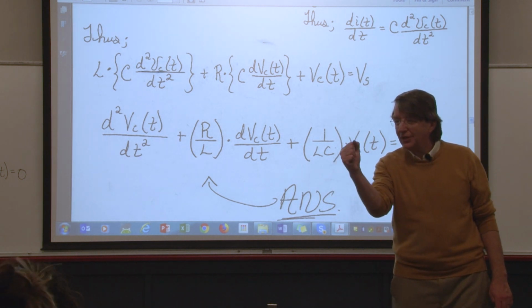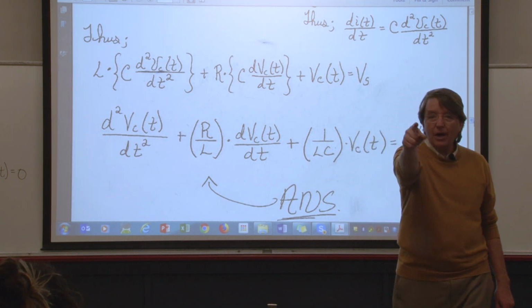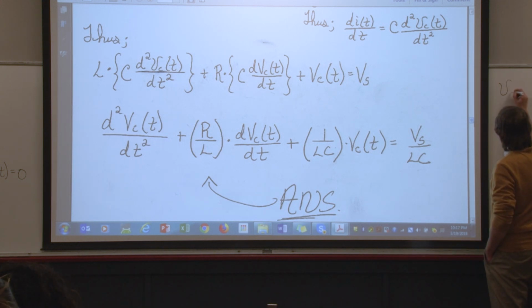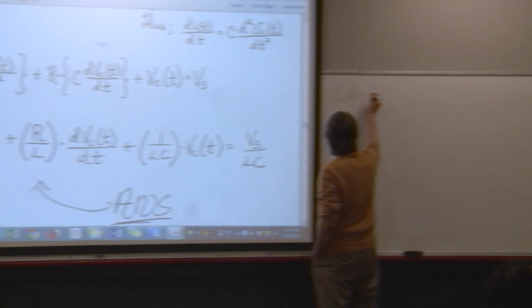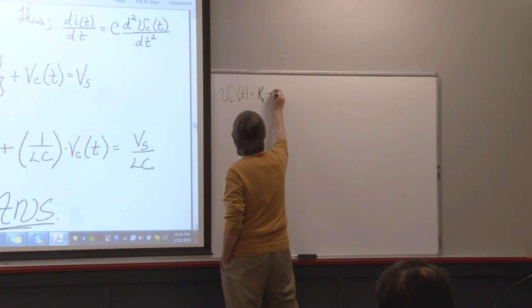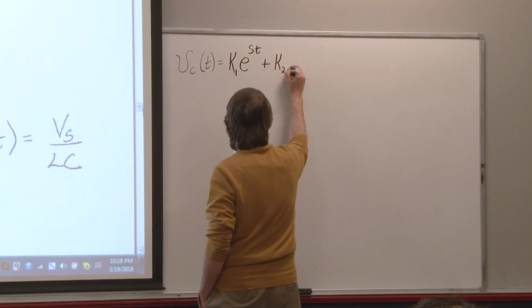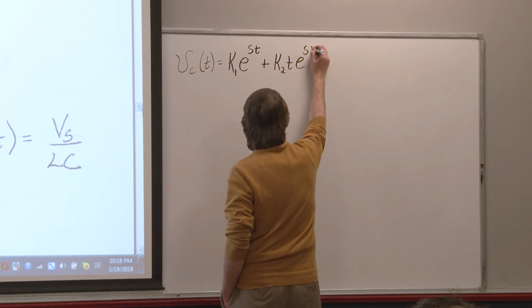Jonathan? No, not 0. Nope. Very good. Emily, excellent. V sub C of t equals K1 e to the st plus K2 t e to the st.